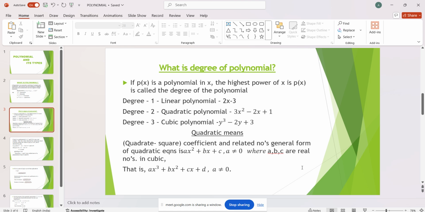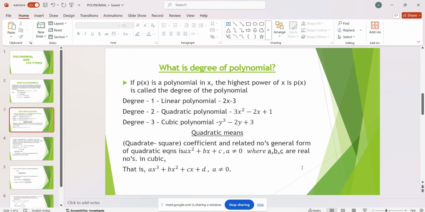Then, based on degree, there are different types of polynomials. First, degree 1. Example, 2x minus 3. Here x has degree 1, which is the maximum degree, and 3 is the constant. So that type of polynomial is called a linear polynomial. Then second, degree 2, the quadratic polynomial.